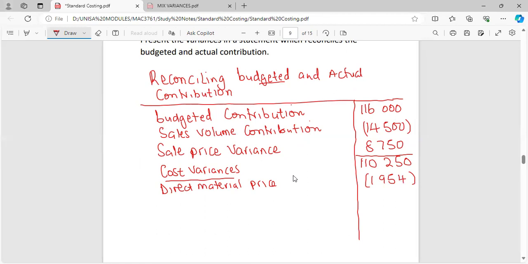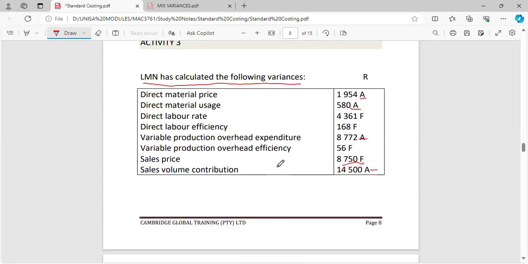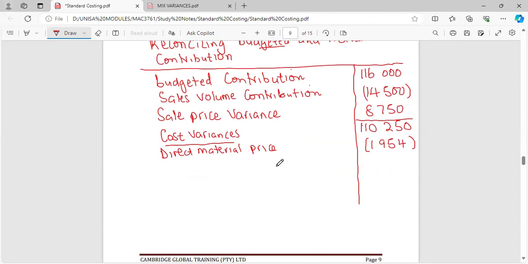The reason why you subtract an adverse is it's going to reduce your profit because there has been an increase in the cost. Then the other one is direct material usage. It's also adverse, 580, so we're going to subtract this one.